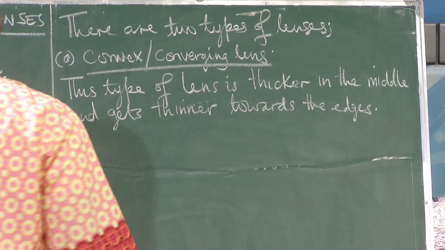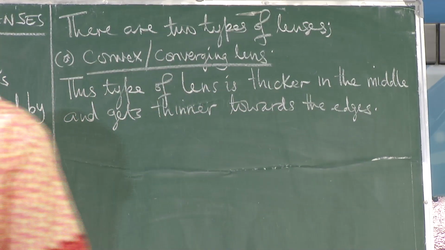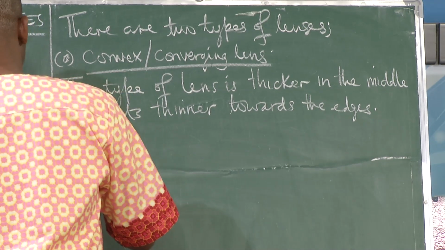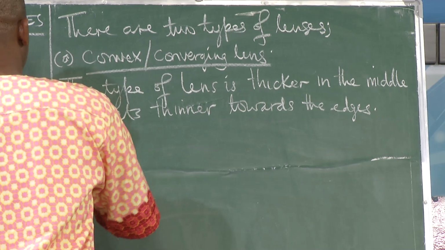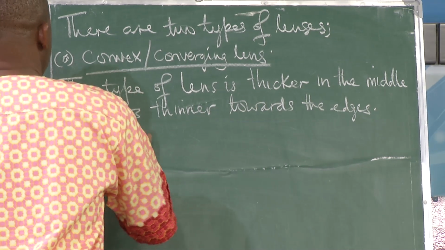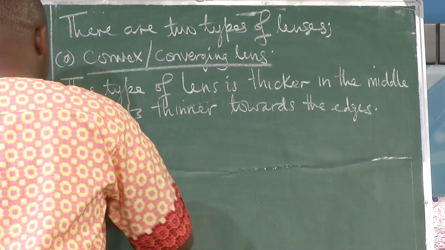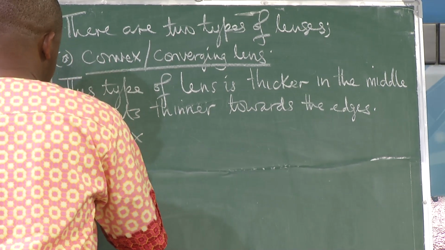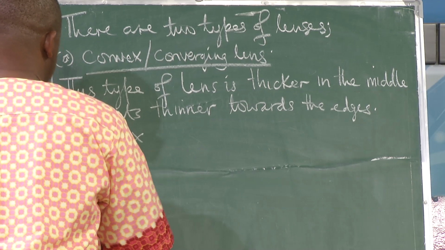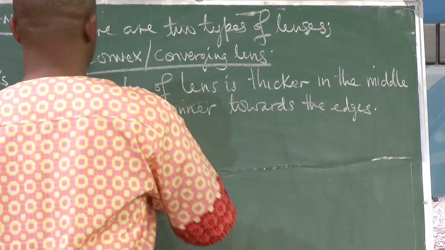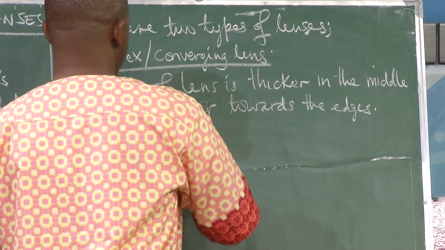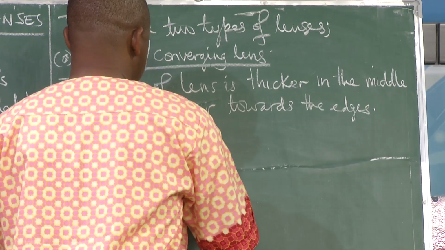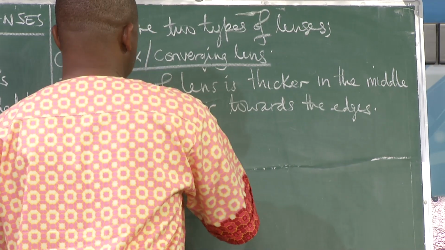There are various types. We have what we shall call the converging or the biconvex, and this is drawn like this. We have the plano-convex, which is halfway.